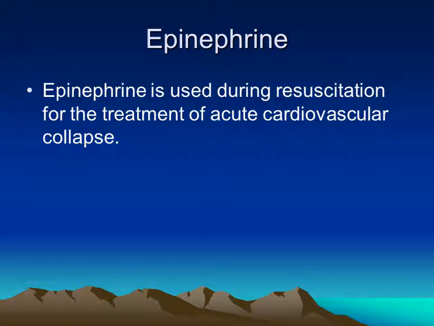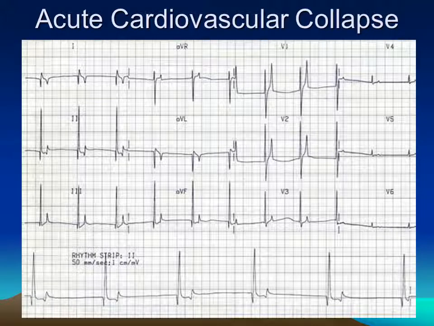Epinephrine is used during resuscitation for the treatment of acute cardiovascular collapse. It may be used as a short-term treatment for cardiac failure that is resistant to other drugs. Now, again, no P wave. If you look at the tracing, a circulatory collapse is defined as the general or specific failure of the circulation, either cardiac or peripheral in nature.